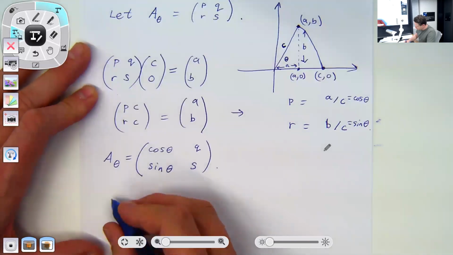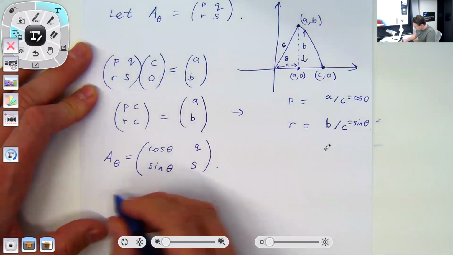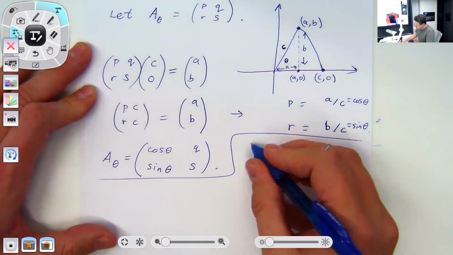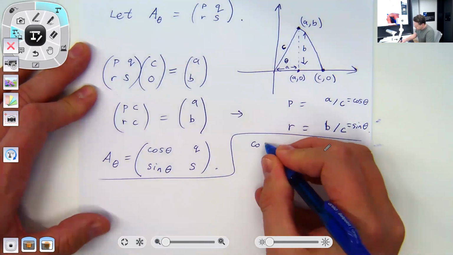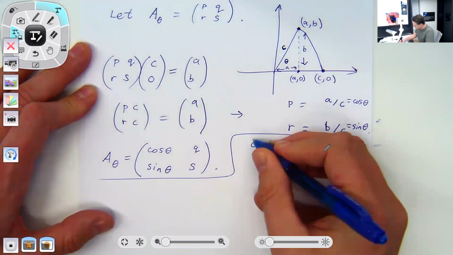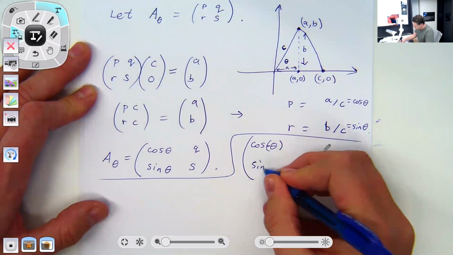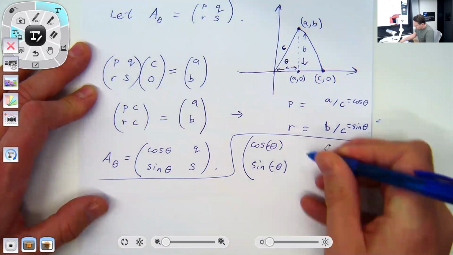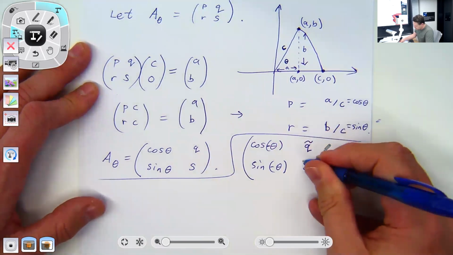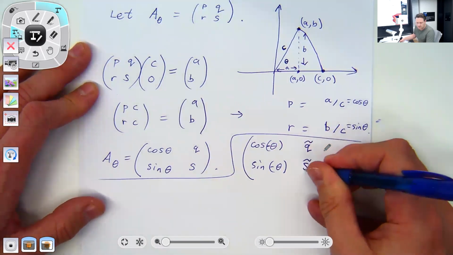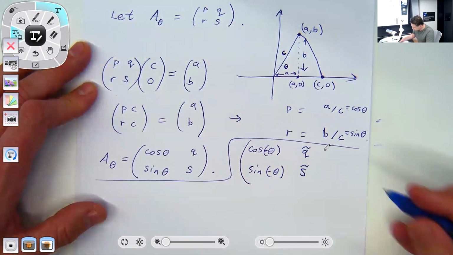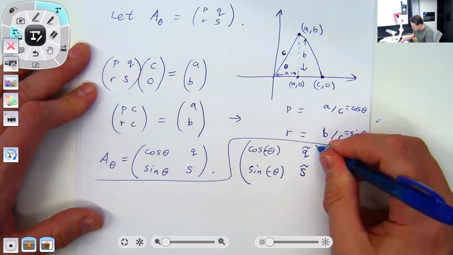So when I write this, I think I'll just begin the writing here, okay? So in other words, I should be rotating back, but this time I'm going minus theta there, and sine of minus theta there, and then I'll have something like Q and S, but I want to put a tilde over because I want to understand that I need to take the negative of whatever I get, all right, because I'm going back the other way.